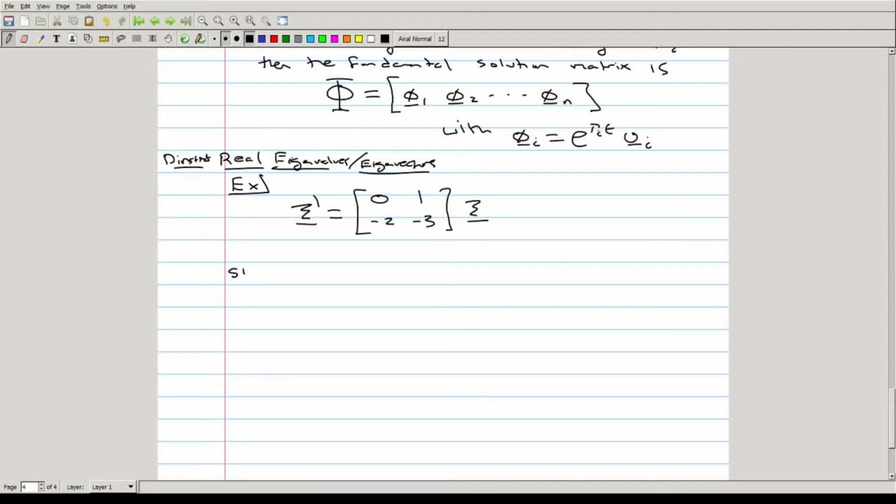The first step is to write down the characteristic polynomial.